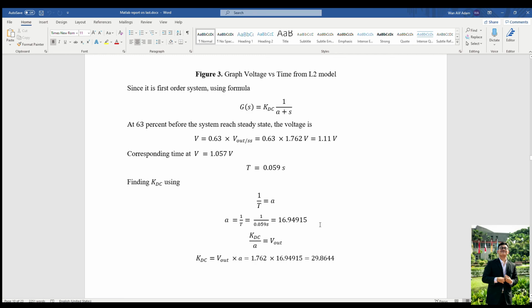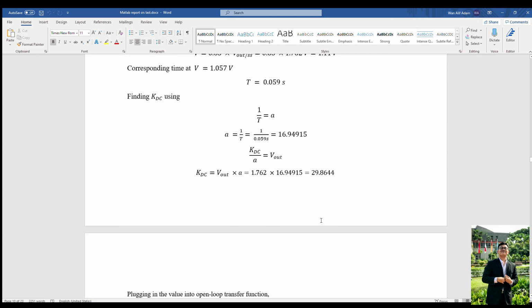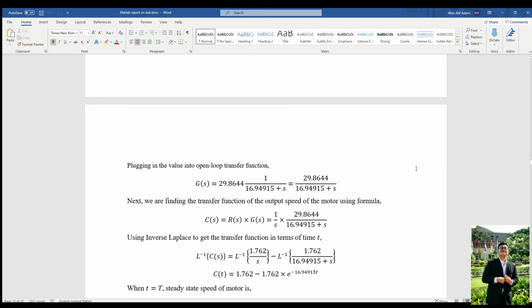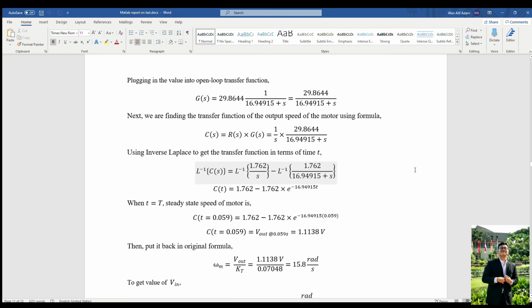Now we have the transfer function for the open loop. Next we need to find the transfer function for the output speed of the motor by using the formula here, C(s) equal to R(s) times G(s).